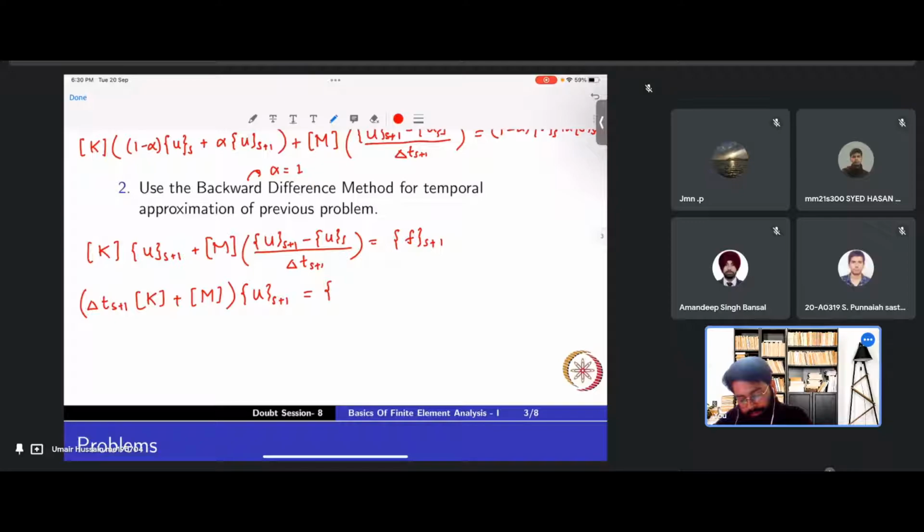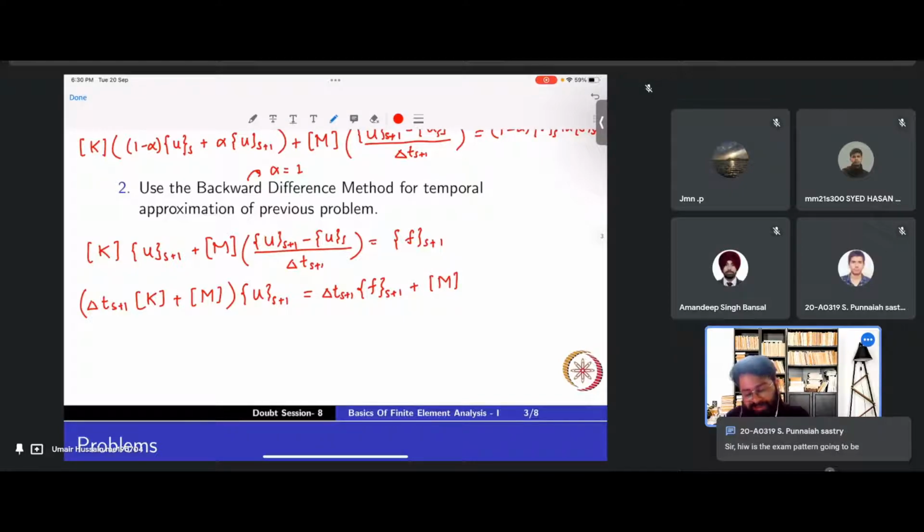We have our f vector calculated at the new time step, which would also be multiplied by delta t at s plus 1, so delta t at s plus 1 times f at s plus 1, and then we have our mass matrix term.